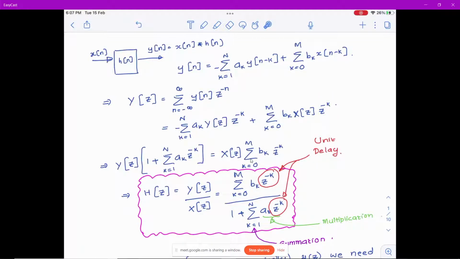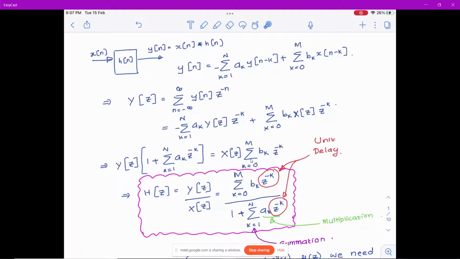So now you can take this part to the left hand side. You'll get y of z into 1 plus sigma k equal to 1 to n ak z raised to minus k, where we have taken out y of z outside, is equivalent to x of z sigma k equal to 0 to m bk z raised to minus k.